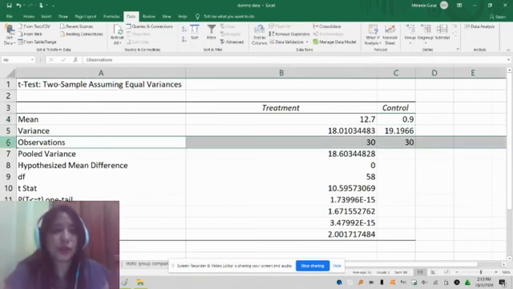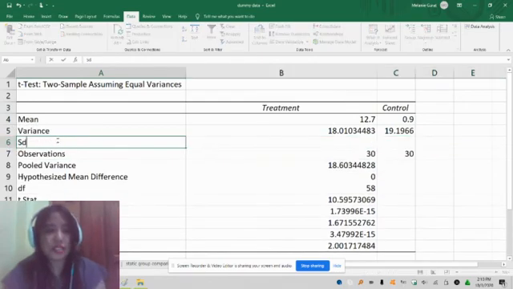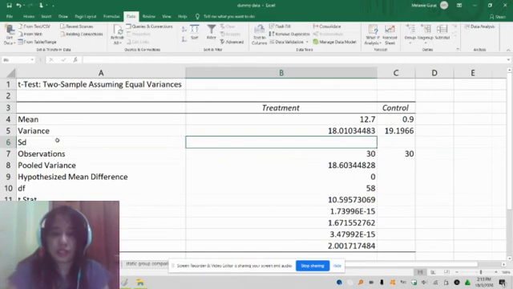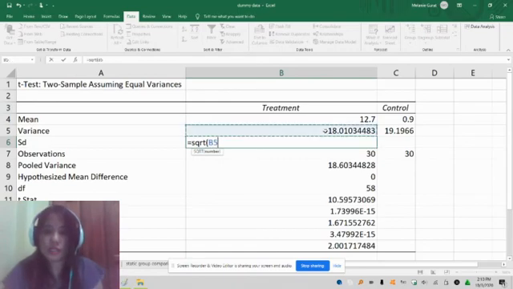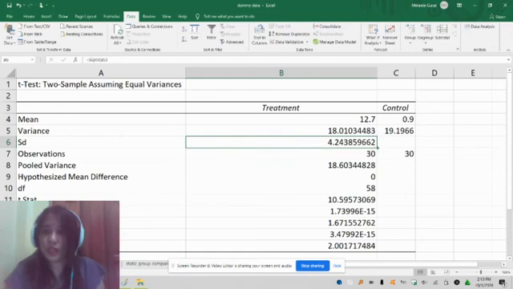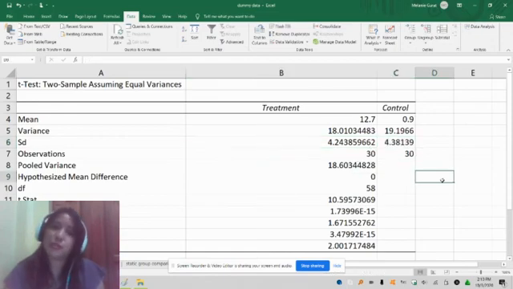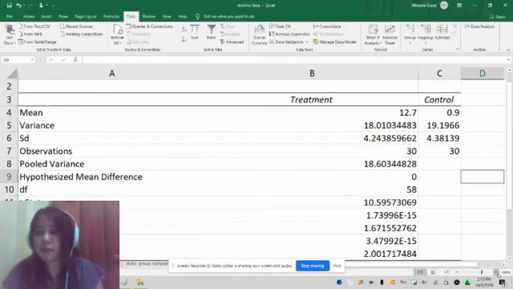But as mentioned, we're going to show the value of SD instead of the variance. So this is equal to SQRT, open parenthesis, and close, and drag it for control. So with a standard deviation of 4.24 and 4.38 respectively.